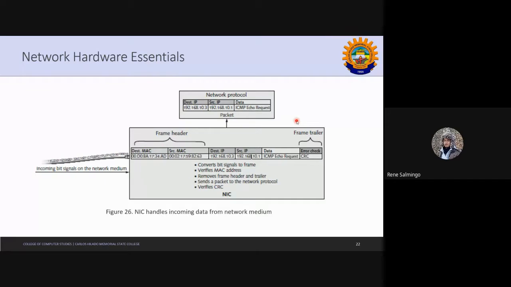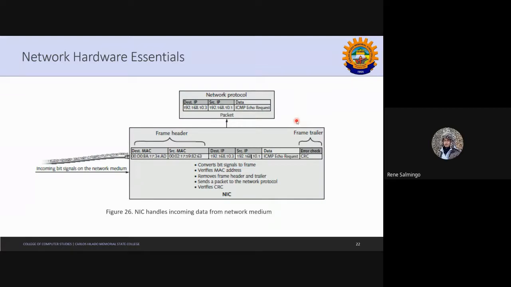Anybody? CRC is cyclic redundancy check. So you check every bit, 1 or 0. If it is bit 1, then good, and bit 0 is false.